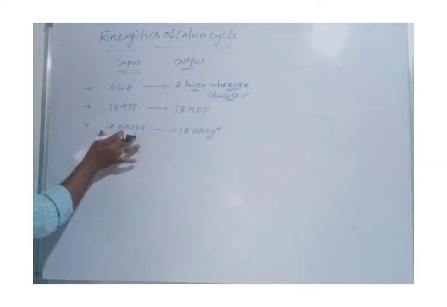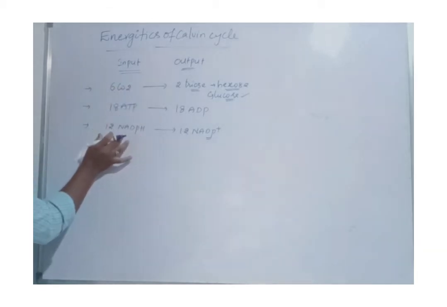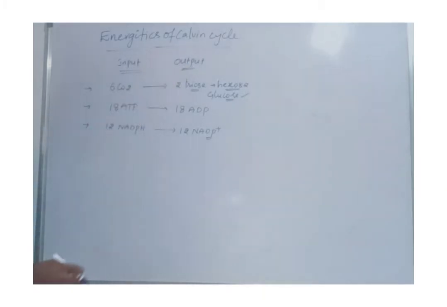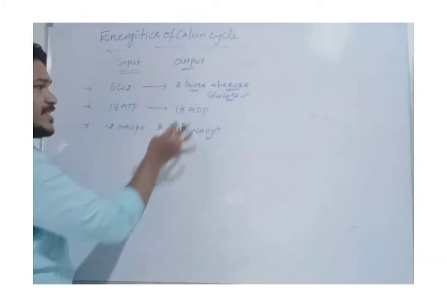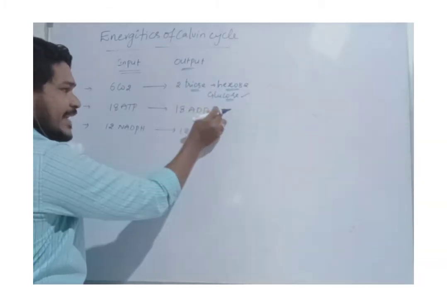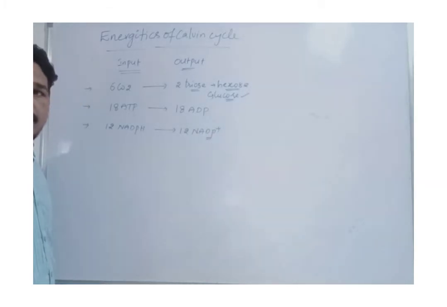So the 6 CO2 molecules, 18 ATP molecules and 12 NADPH molecules are the input substances in the Calvin cycle. The output products of the Calvin cycle are the 2 triose molecules, hexose sugar or glucose, 18 ADP molecules and 12 NADP plus molecules.